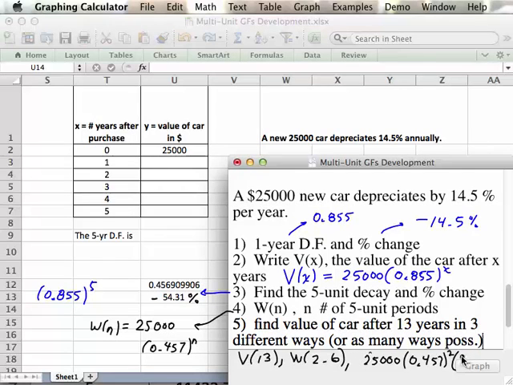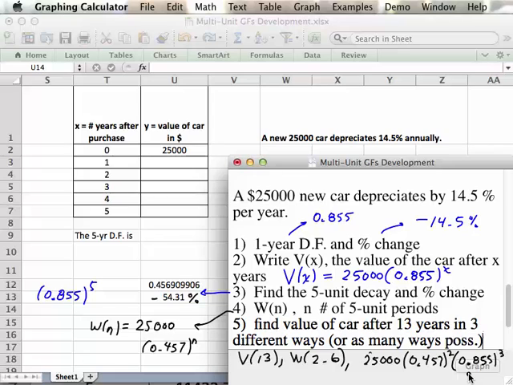This is someone who gets what's going on. He took the 5-year growth factor and multiplied it by 25,000 twice. That's the value at 10 years. But then he needs to go 3 years further, so he took the 1-year decay factor and multiplied by that 3 times.